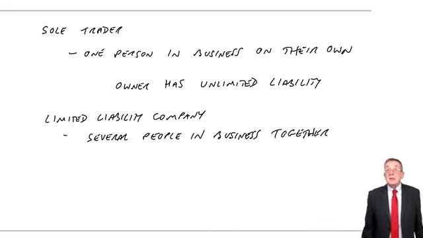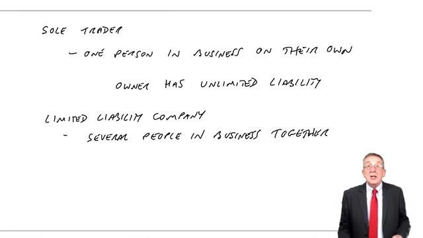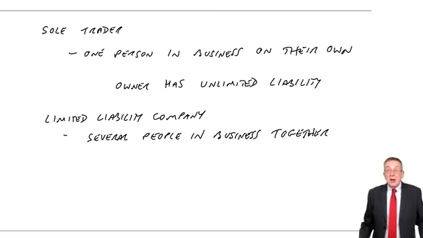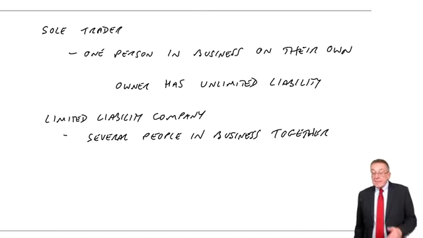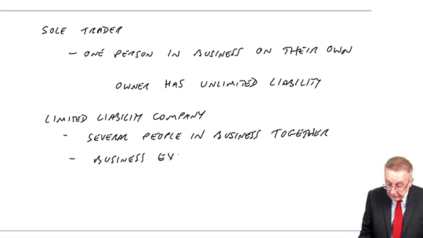So maybe 10 of us decide we're going to start a business, and perhaps we all put in $100 and the business can start buying a shop or something. But the important thing about a limited liability company is the business exists separately in law.